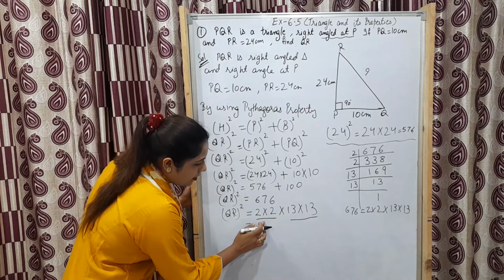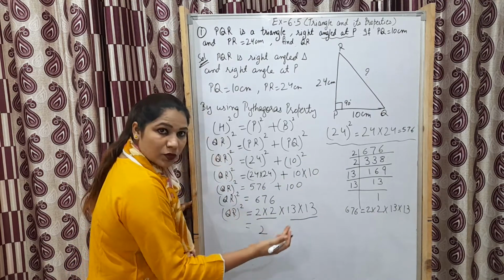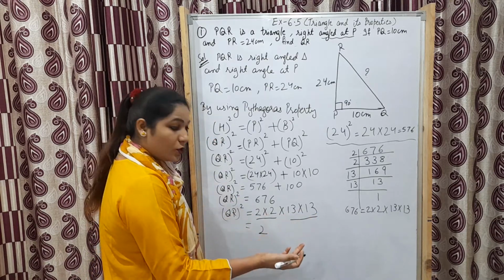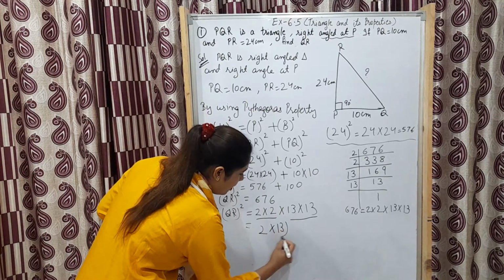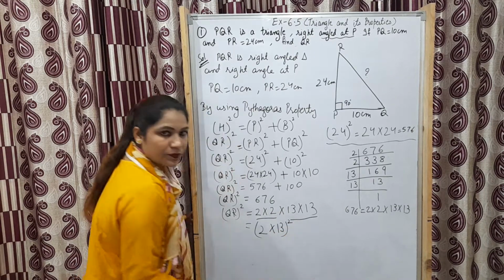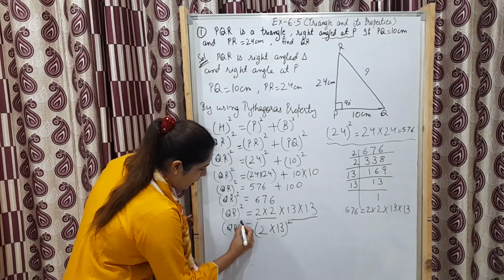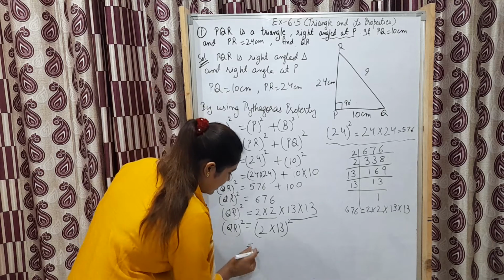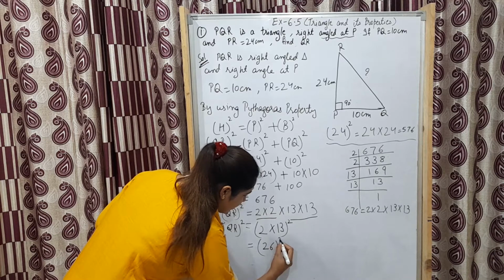Similarly, we will do here 2 into 2 means 2 raised to power 2. 13 into 13 means 13 raised to power 2. It means both raised to power 2. That is also fine. QR raised to power 2. So 2 into 13, that is 26. 26 raised to power 2.